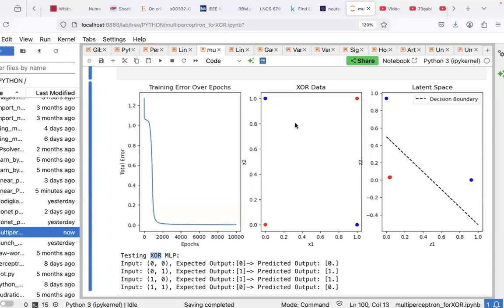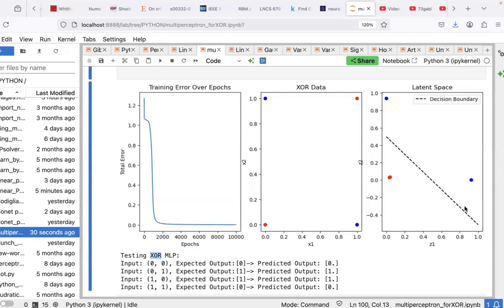And as you can see, the 2 red points are mapped into the same point in the latent space. Instead, this point goes here and the blue one goes here. So now you can see that in the latent space, we can use a linear perceptron to classify the red points from the blue points using just one decision line. And that's what the third perceptron does.